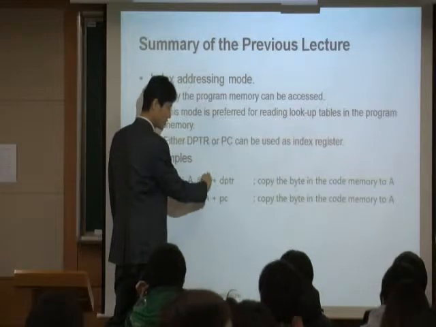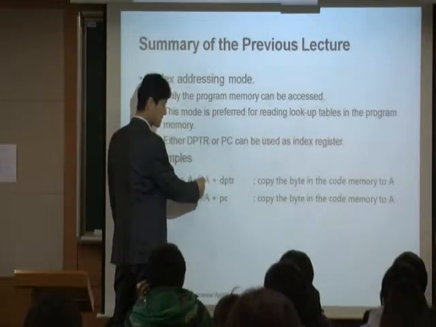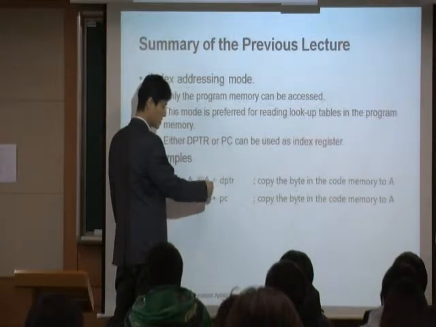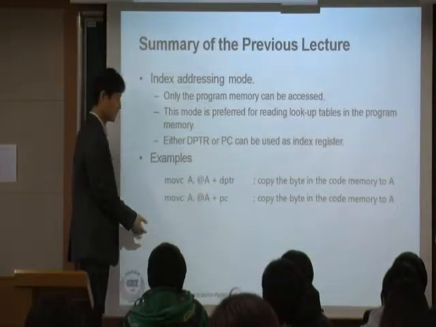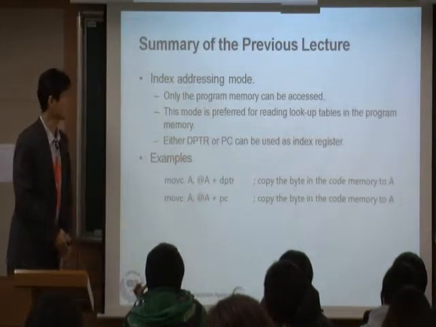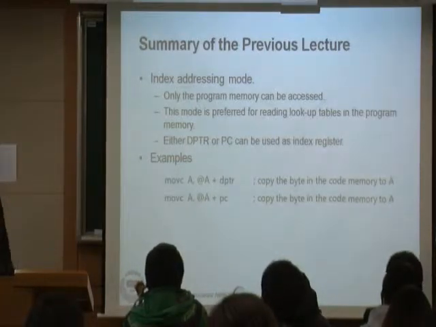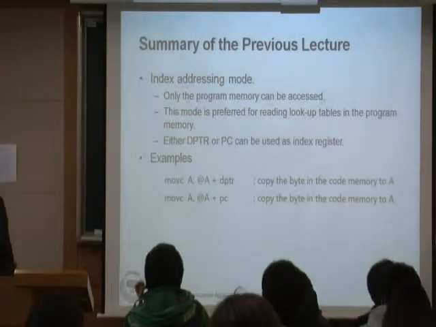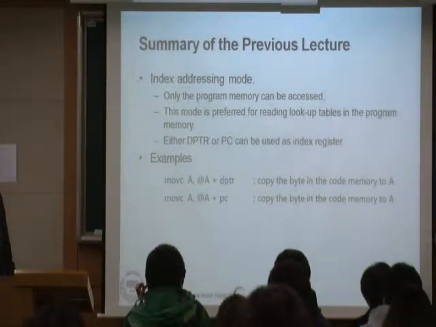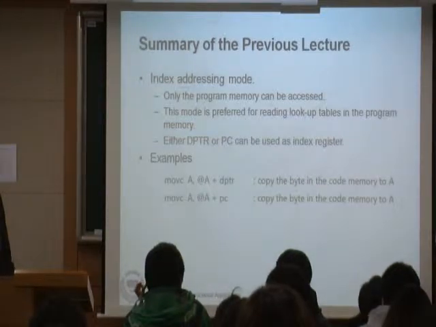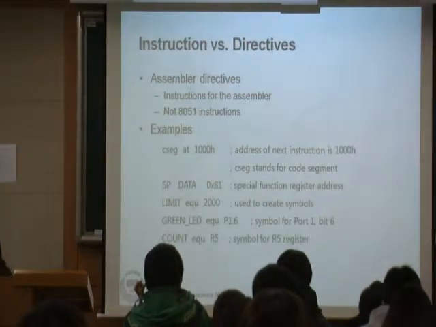Since you add them all together, base address plus some value, and this value is incremented, the address is now incremented. That's the purpose of using this index addressing mode. I think this is not that popular. When you write assembly code, you probably won't use this one. The popular ones are direct addressing, indirect addressing, immediate addressing.